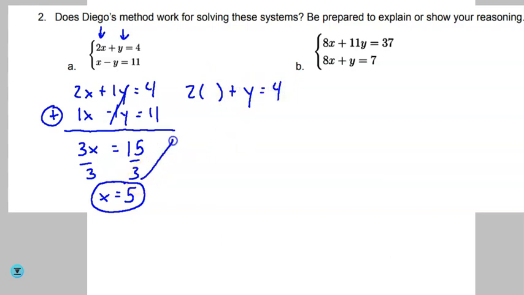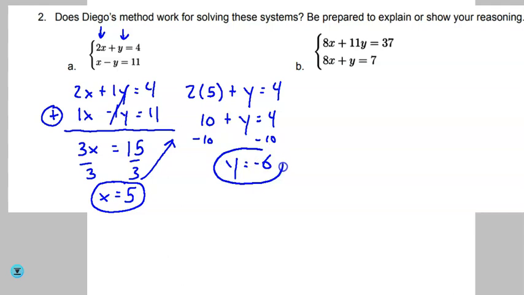I'm going to substitute in the 5 for x and then solve. So 10 plus y equals 4. Subtract 10, y equals negative 6. So the solution should be 5, negative 6.